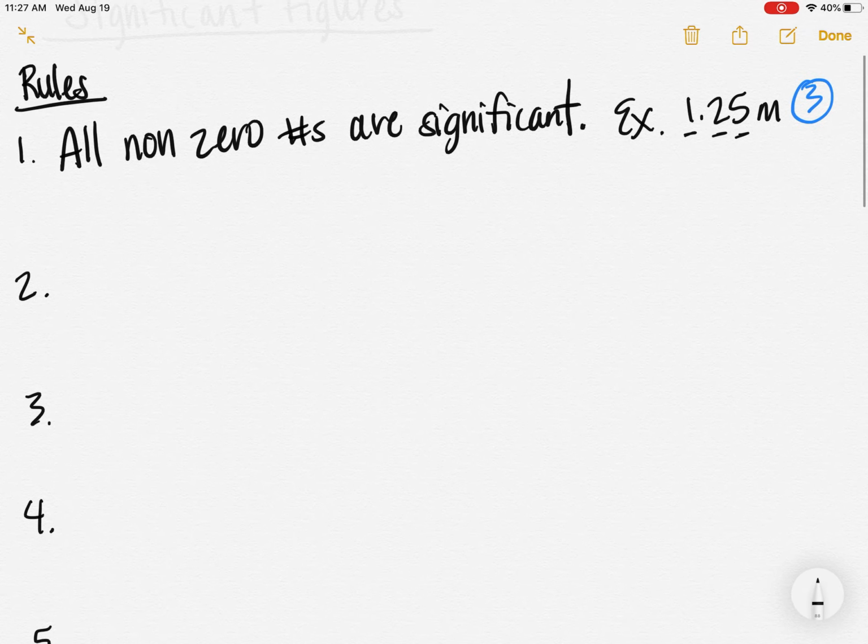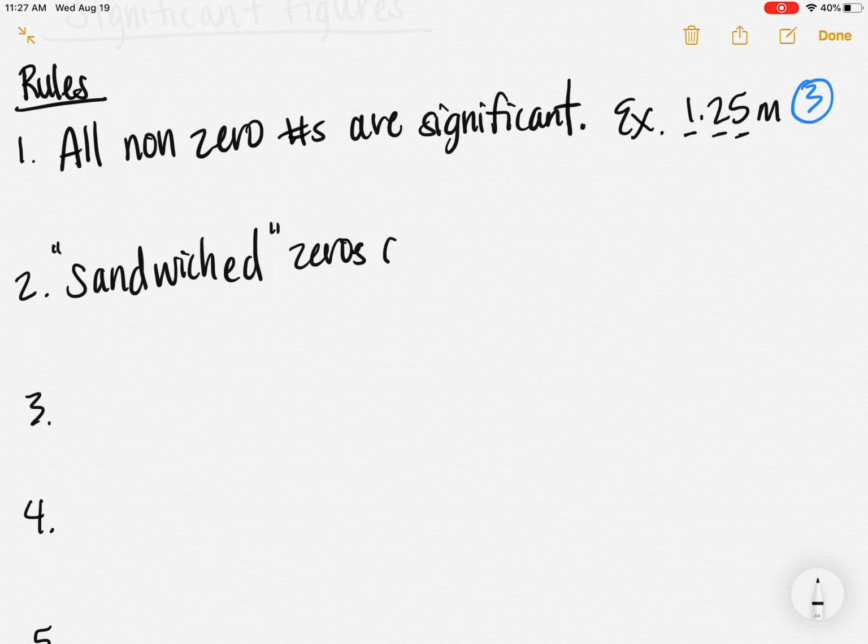So all my other rules are about zeros. The second rule is something I call sandwiched zeros. And sandwiched zeros are significant. What do I mean by a sandwiched zero?